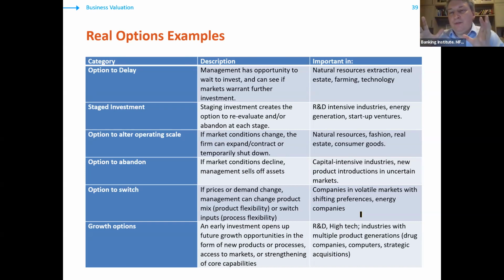So we have options like this, and they can be different, but they exist in most private companies. We discussed before factors that make the valuation of a private company usually less than the valuation of a similar public company. But this is a source of additional value, quite natural for a private company and not available in a public company usually.